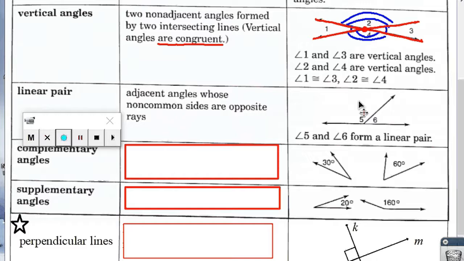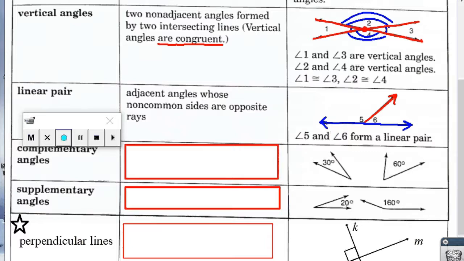And their non-common sides form opposite rays. So angles 5 and 6 share this common side right here, but their non-common sides are opposite rays. They form a straight line. That's what makes a linear pair.